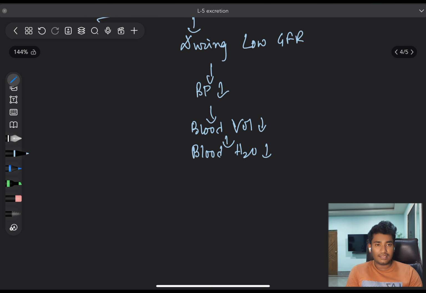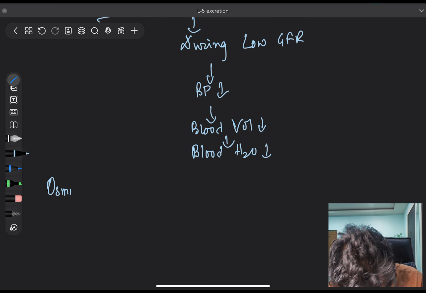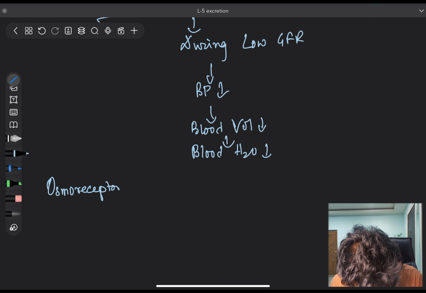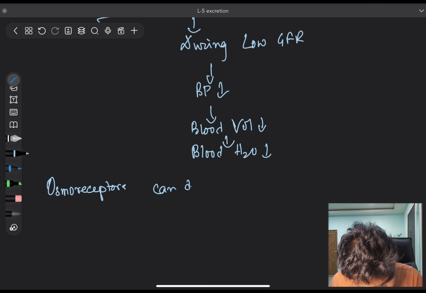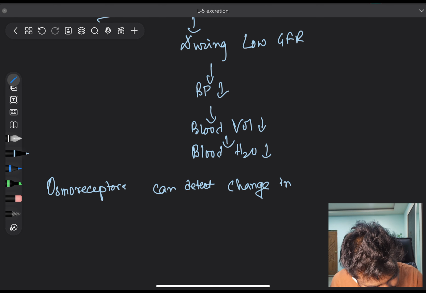It is generally seen in a patient of septic shock. Okay, osmoreceptors can detect change in osmolarity.